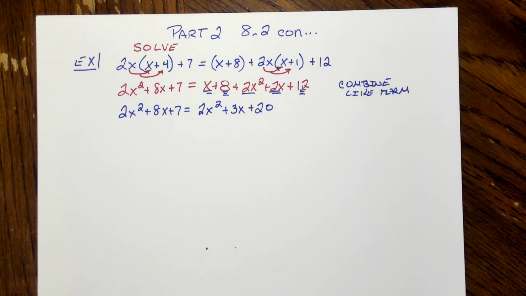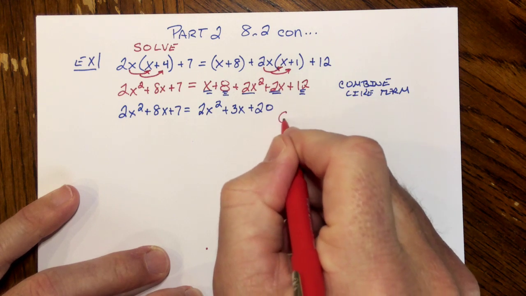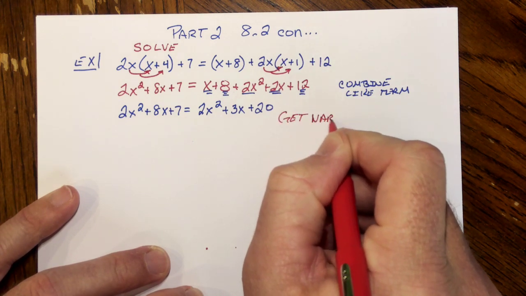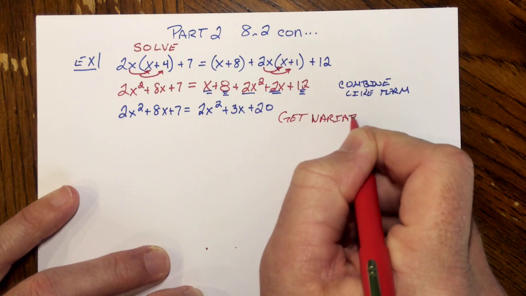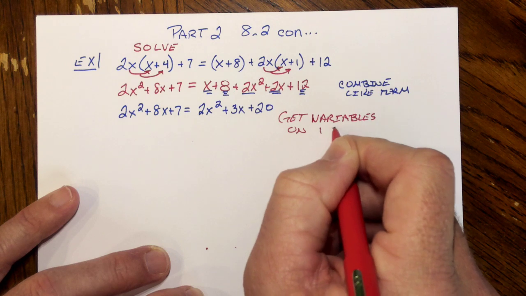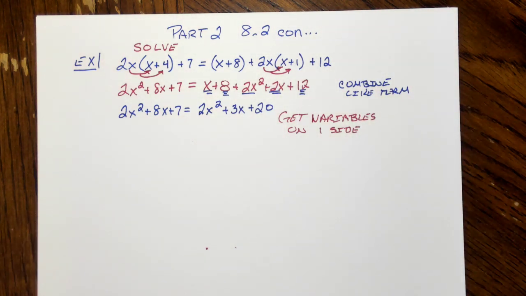Next, we're solving for variables. Get the variables on one side. It's your call. You can put them on the right side, you can put them on the left side. And again, it's up to you.